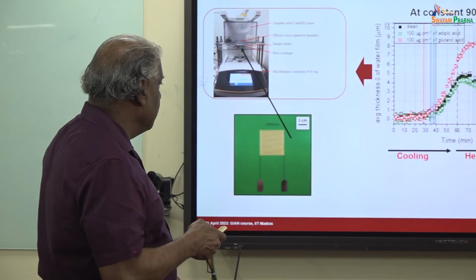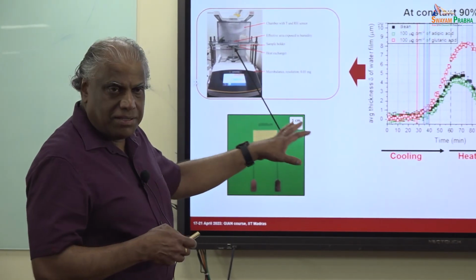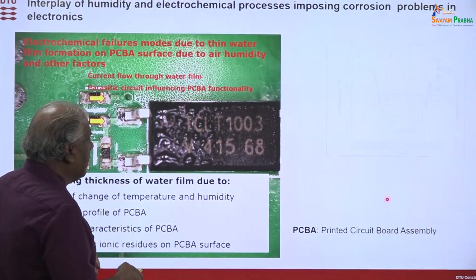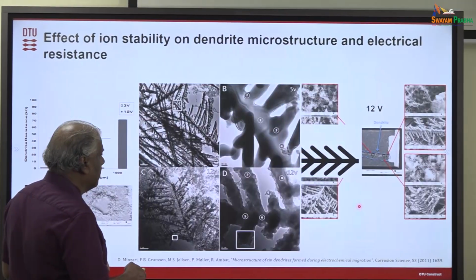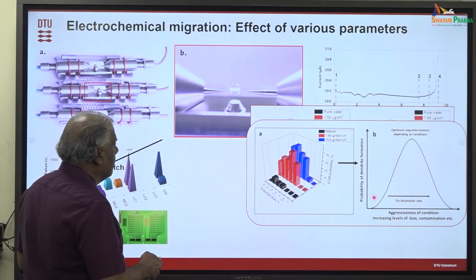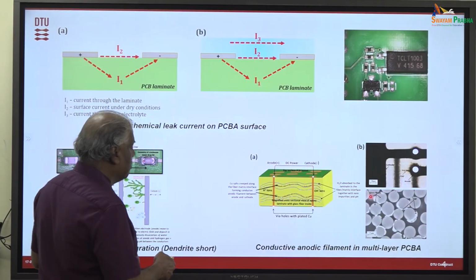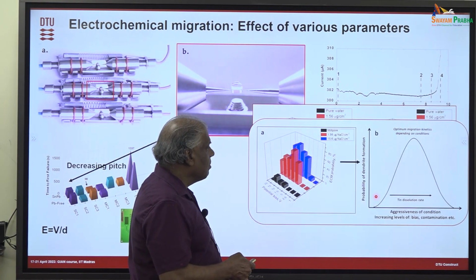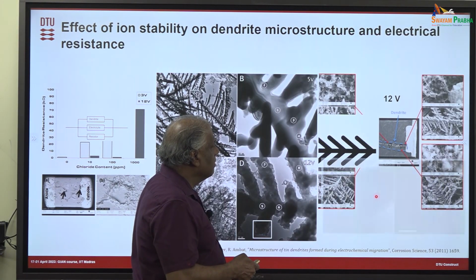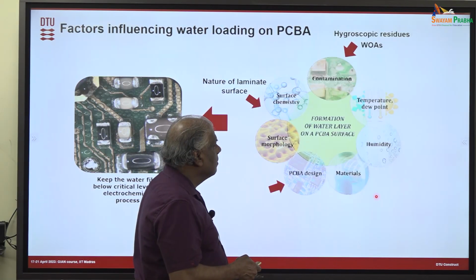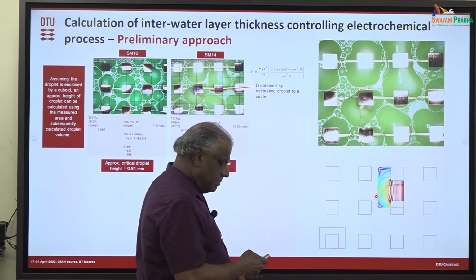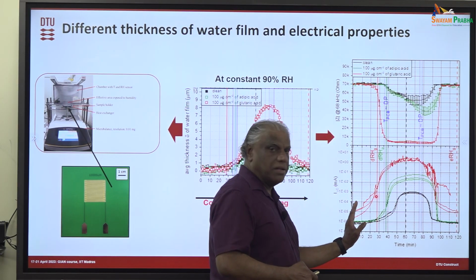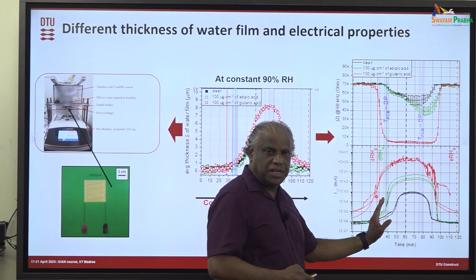This understanding is important, as I showed here, because we know that there is a transition point, as in that earlier curve, if you remember. That transition point corresponds to this. Below that, there is not much effect.